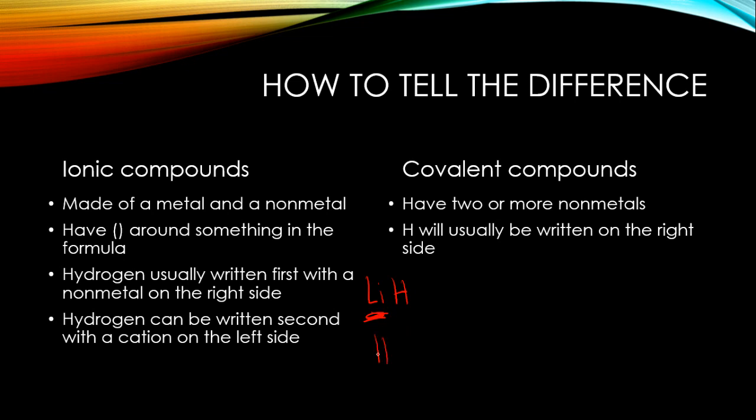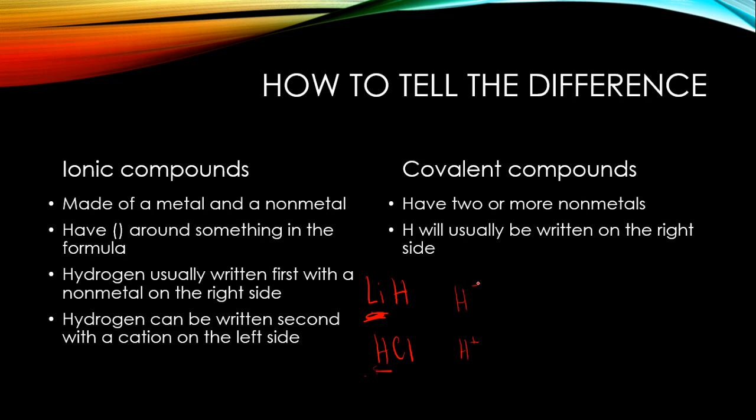If I see this, I also know that this is an ionic compound because the hydrogen is written first, over here on the left-hand side. Its placement tells me that it's acting as a positive ion. So it's acting here as H+, and here it's acting as H-.